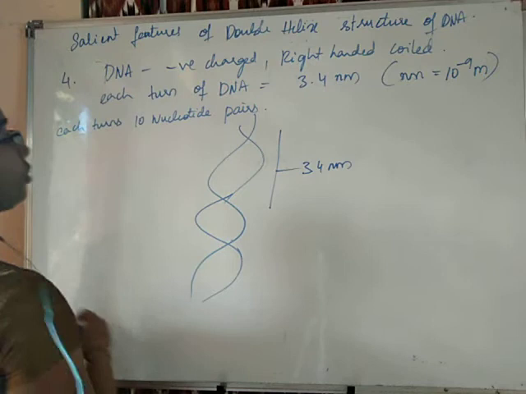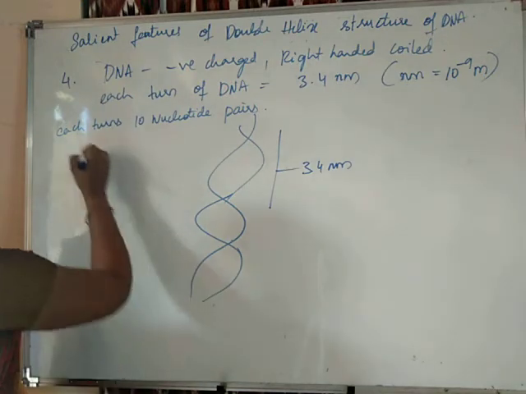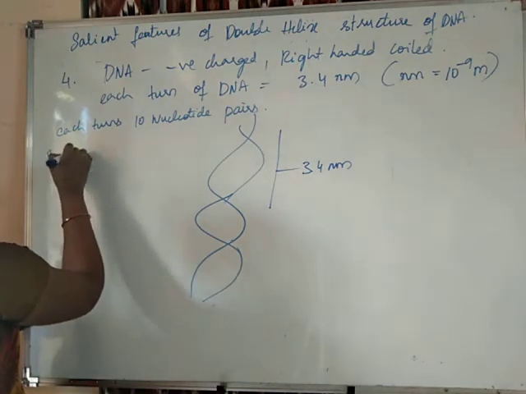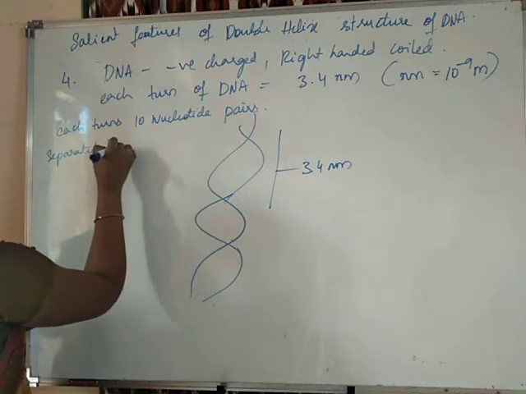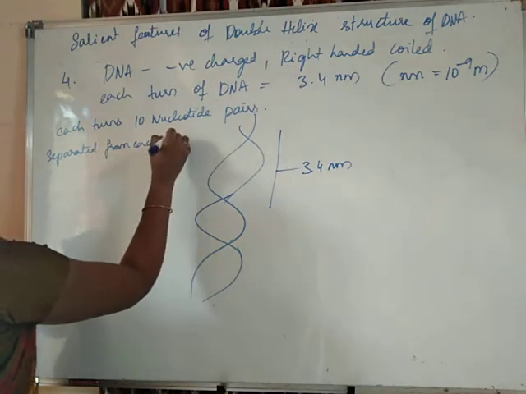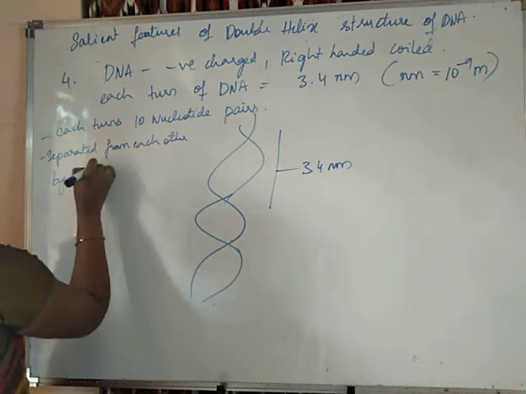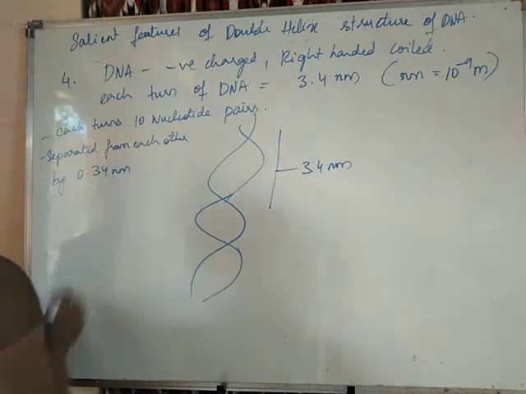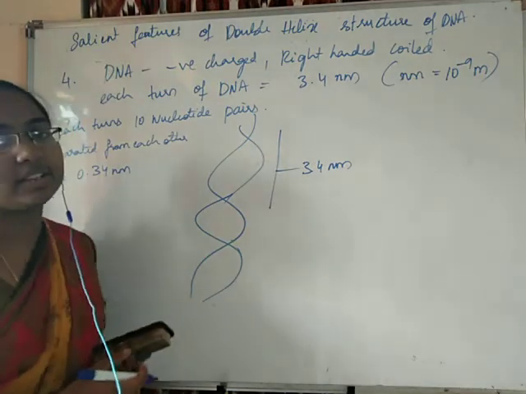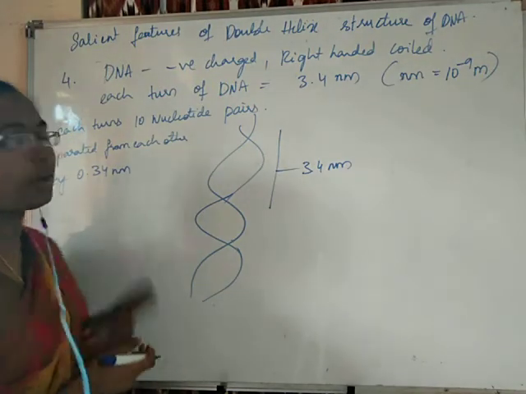That means these nucleotides are separated from each other by a distance of 0.34 nanometers.